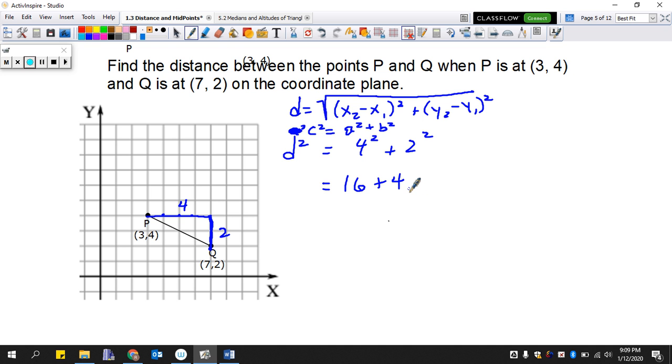If we use our handy little calculator and plug in 20 and find the square root, we can see that that's approximately 4.47 or 4.5. So approximately equal to 4.5.